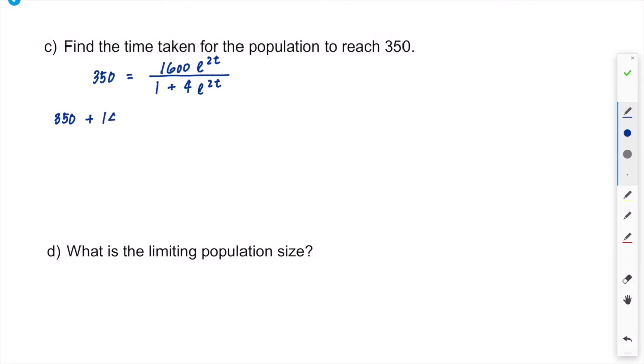So times 2 is 700, so 1400 e to the 2t. This is 1600 e to the power of 2t. So gathering the e to the power of 2t terms, I have 200 e to the power of 2t equals 350, which means that I have ln of 350 over 200 is 7 over 4, equals 2t. So using a calculator, you can do that.